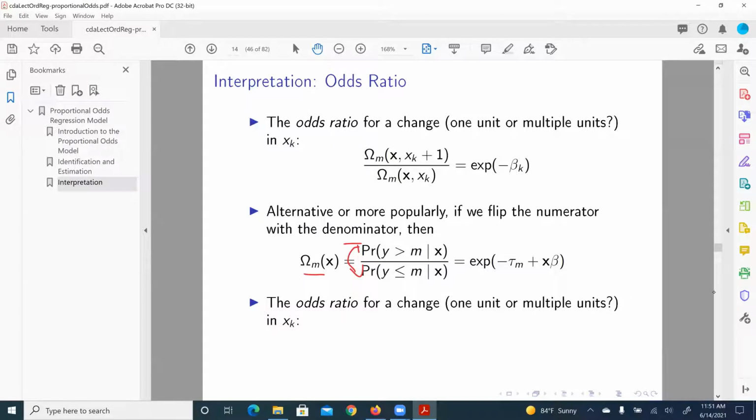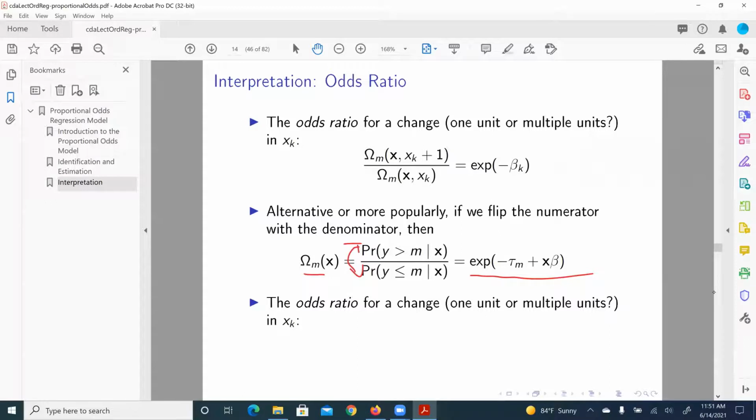Recall that the previous odds is the probability of y smaller or equal to m over y greater than m. Now we flip this odds. So in the numerator is the probability y greater than m, and in the denominator is the probability y smaller or equal to m, which is equal to negative tau m plus x beta.